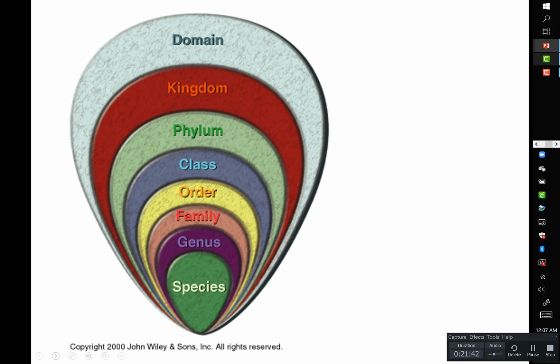I just want to walk you through an example to talk about classification in terms of humans. Domain: remember that there's a 3-domain system. The 3 domains are Bacteria, Archaea, and Eukarya. So think for a minute, what domain would we fall into? The answer is, we are domain Eukarya.